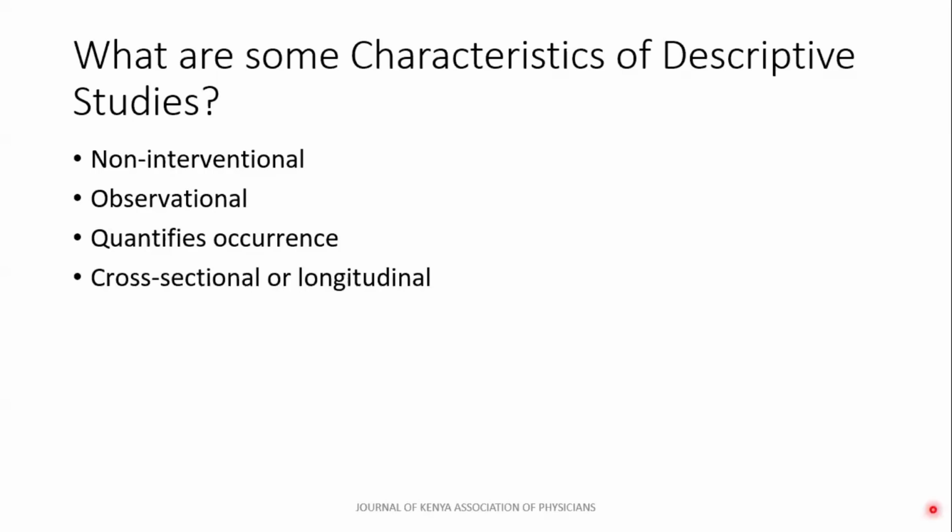Then they can either be cross-sectional or longitudinal. So cross-sectional, just a study done within a specified period of time, just like a snapshot at that time, or they can be longitudinal, like tracking malnutrition rates in a community every 6 months for maybe 5 years, something like that.